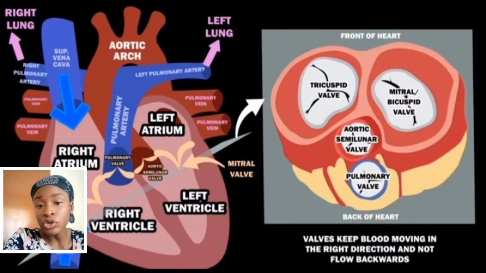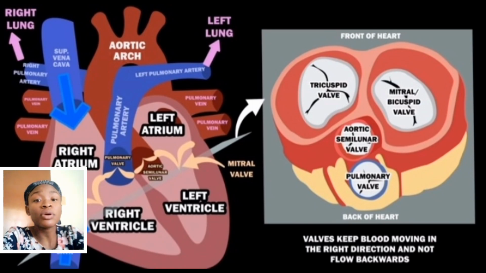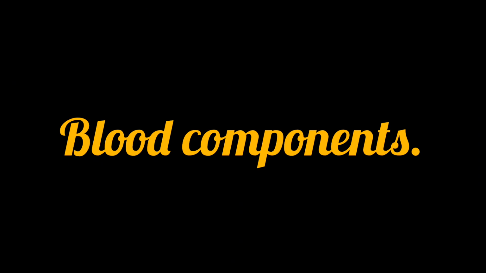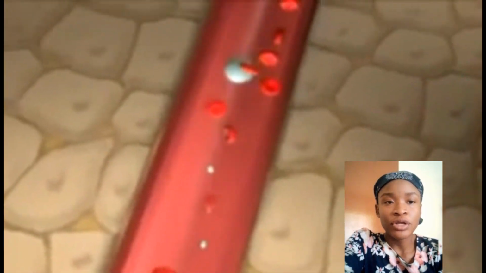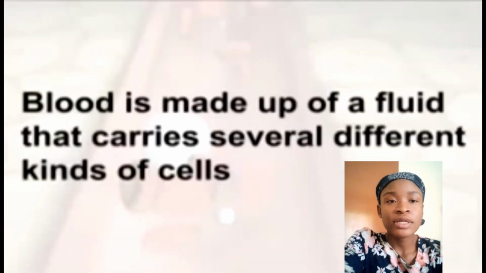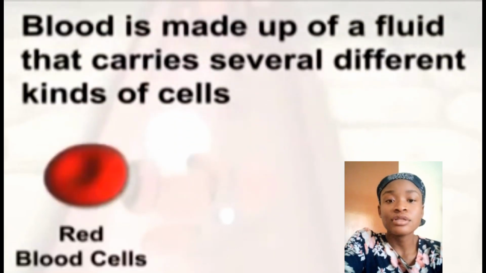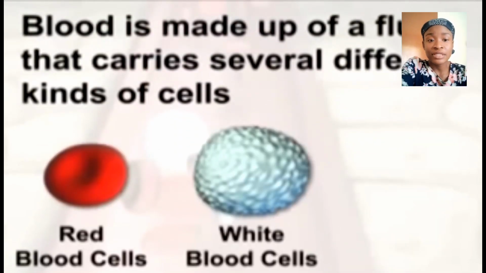Now we're going to go into the next section, which is blood components. As I mentioned, blood is carried throughout the body in blood vessels. Blood is made up of fluid that carries different kinds of cells, such as the red blood cells, the white blood cells, and the platelets.